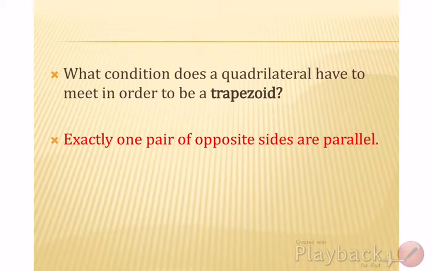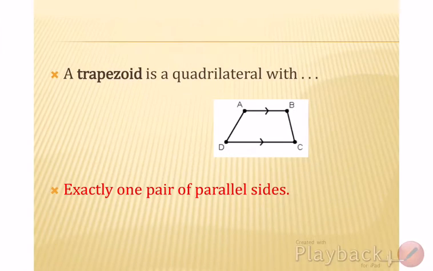We use the word exactly so that we know that it's no more than one pair of opposite sides. A trapezoid is a quadrilateral with exactly one pair of parallel sides, and the parallel sides are marked with matching arrows. So side AB is parallel to side DC.